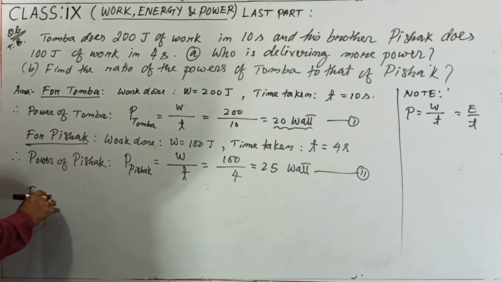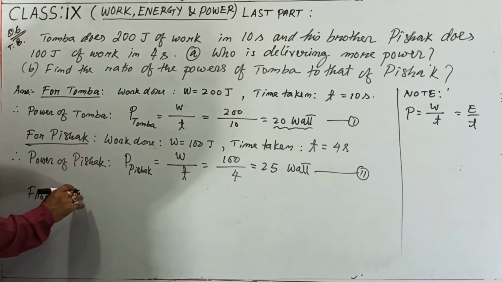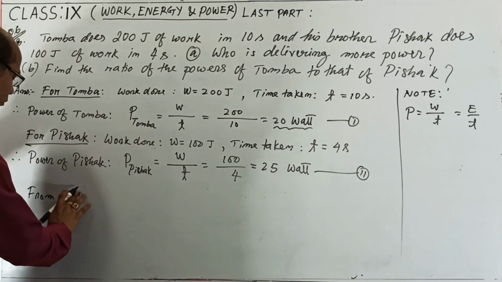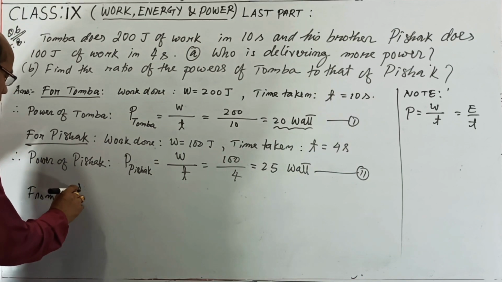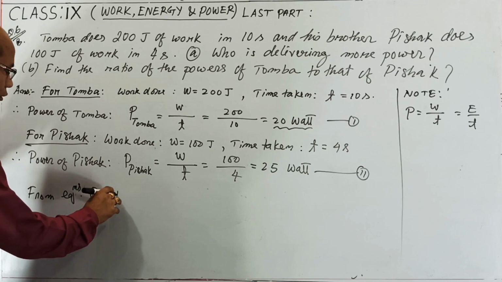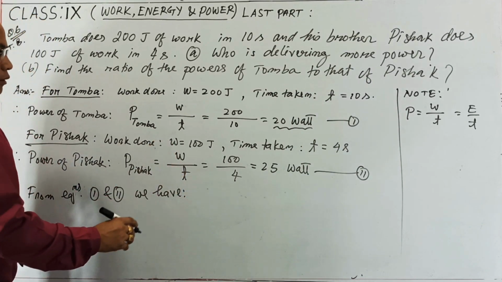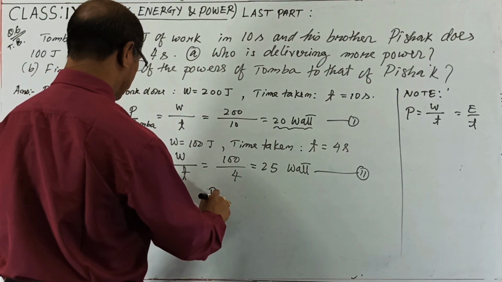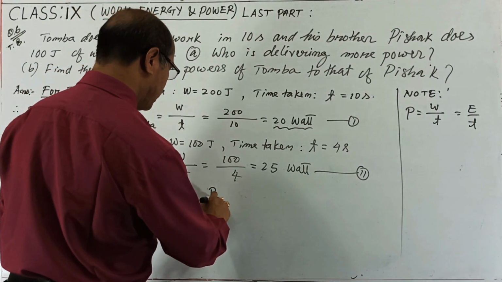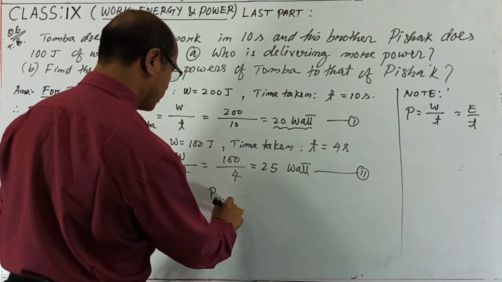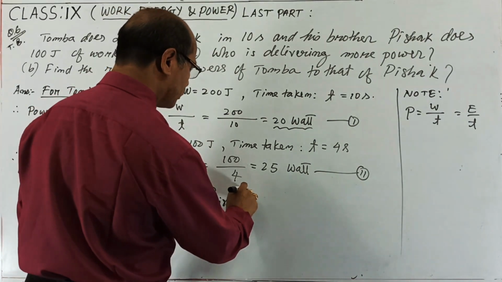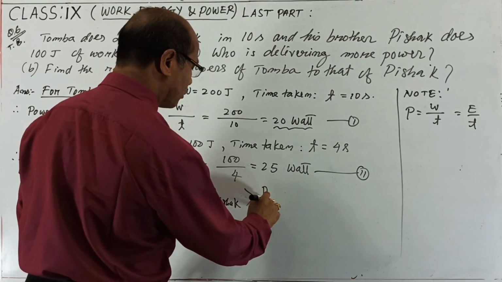From equation 1 and 2, we have P of Pisak is greater than P of Tomba.